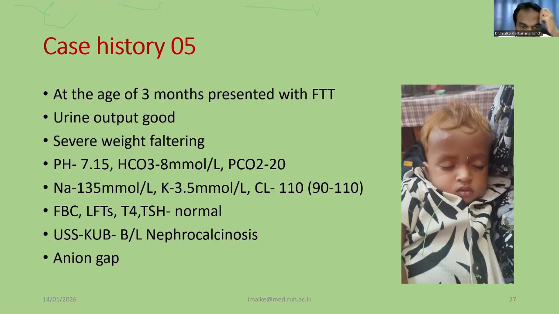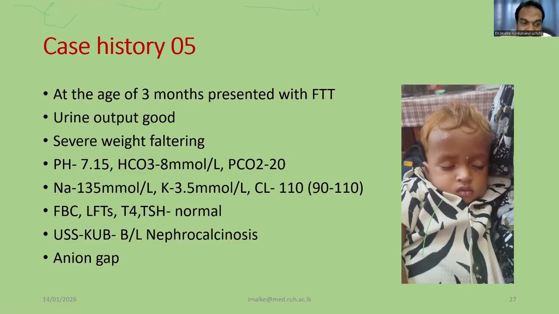And this child's anion gap, if you calculate 135 plus 8, 143 minus 110, 25, 25 minus 8, means definitely the anion gap is less than the high anion gap level. That means it is less than 20.